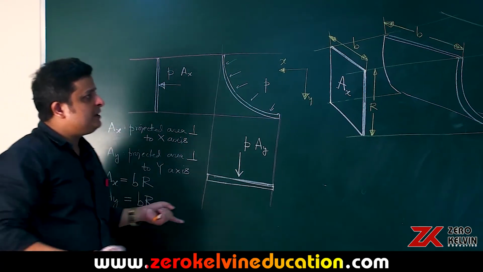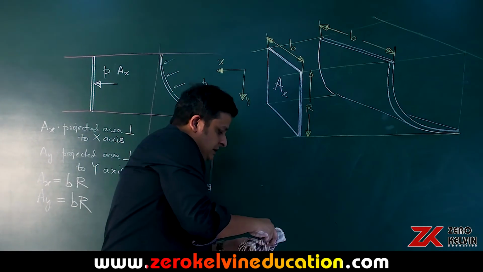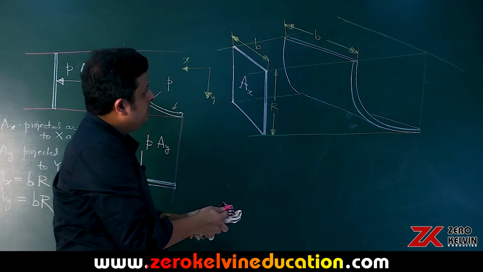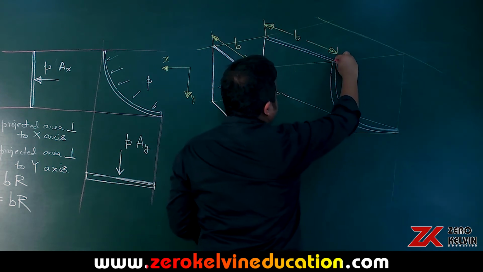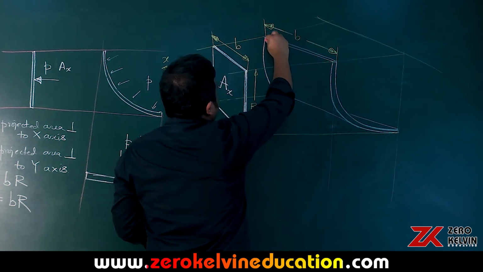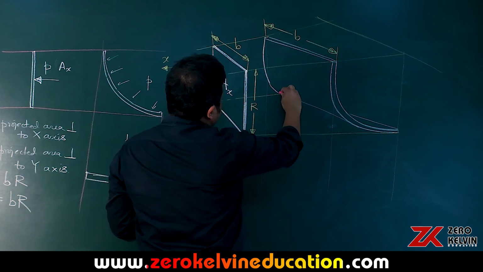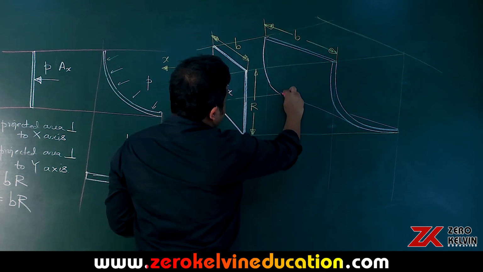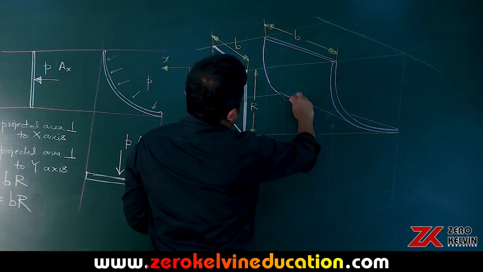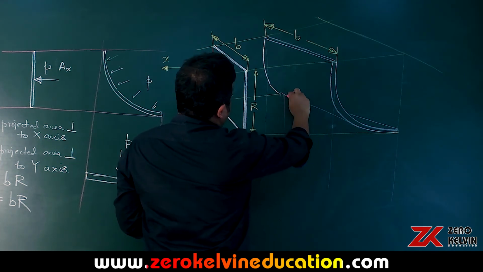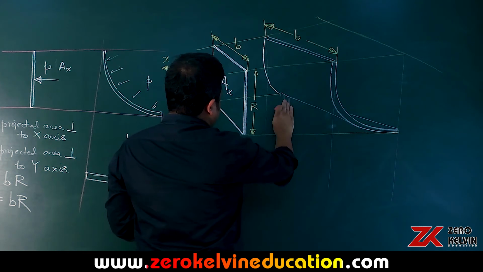And the thing will be symmetrical in the y axis also. So just let me draw. It's quite obvious that the projected area perpendicular to the y axis will also be the same.